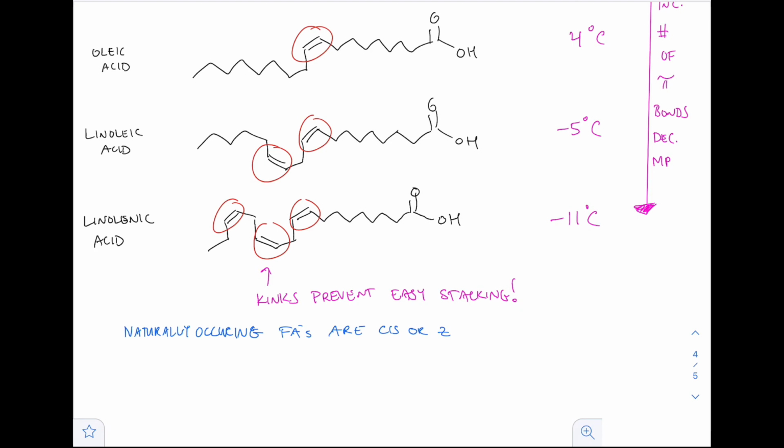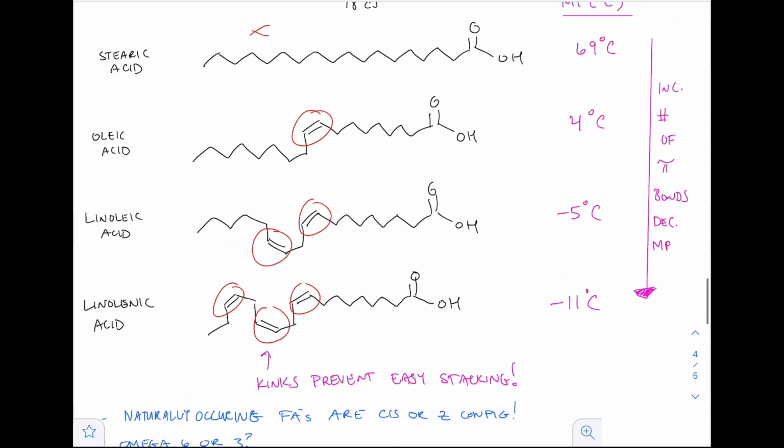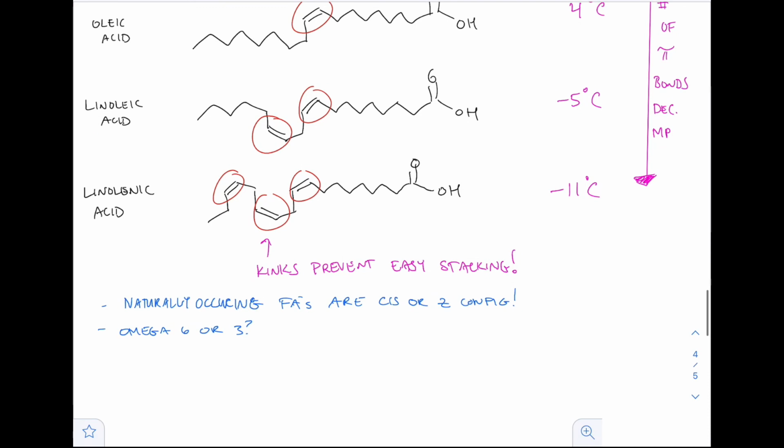Naturally occurring fatty acids are cis or Z configuration, and that's an important factor, because we always talk about trans fats or omega fats, right? So let me tell you what that means. The top fat is completely saturated because it has all of the hydrogens it can have. That's the definition, and that's why we call things saturated fats.